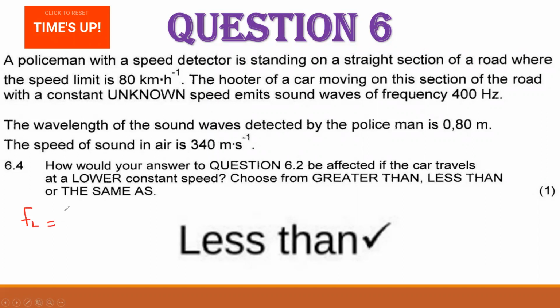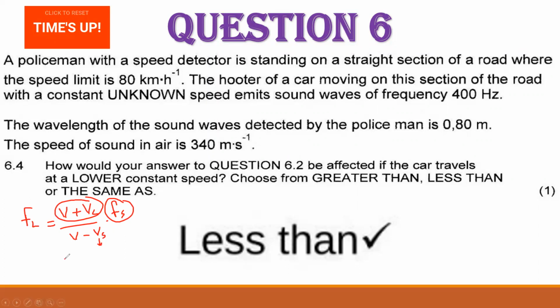FL is equal to V plus VL over V minus Vs times Fs. Fs is still the same. This side is still the same because VL is 0. Only this one is changing. If the car travels at a lower constant velocity, this one is decreasing.